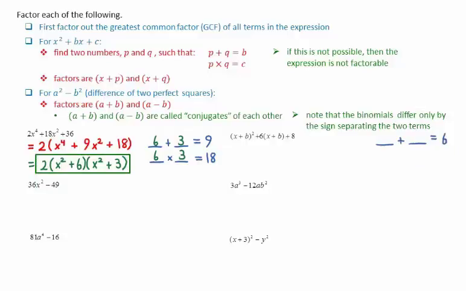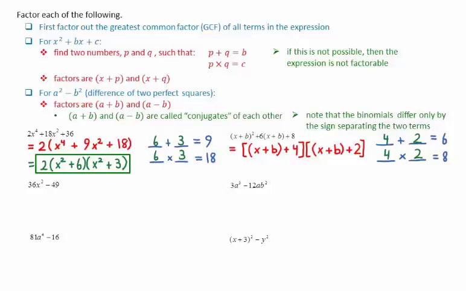For the next question, we're looking for two numbers that add to give 6 and multiply to give 8. In this case, those numbers are 4 and 2. We then write the expression as x plus b plus 4 and x plus b plus 2.